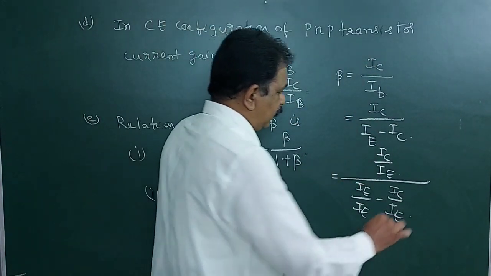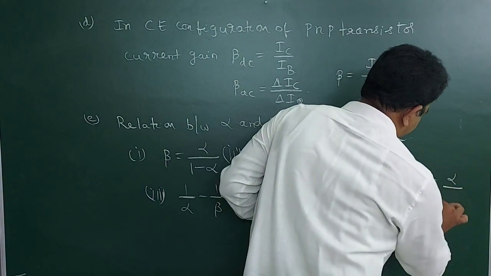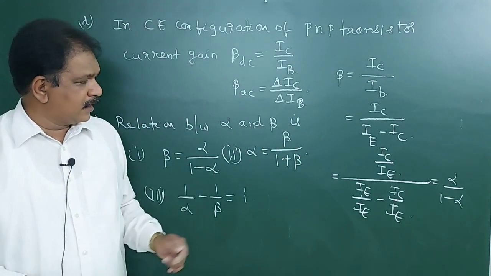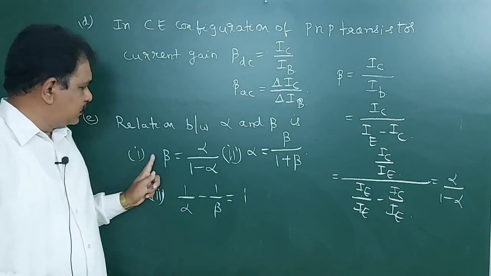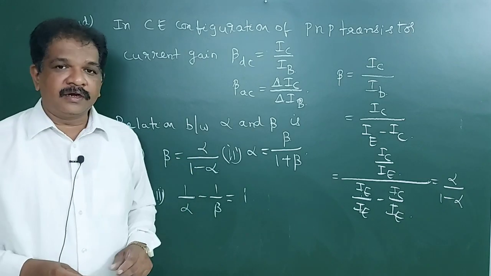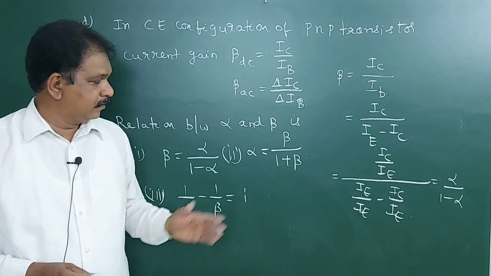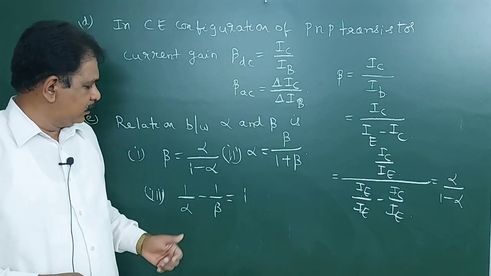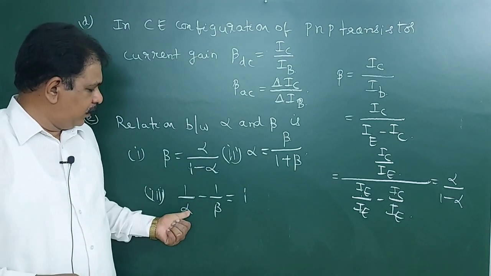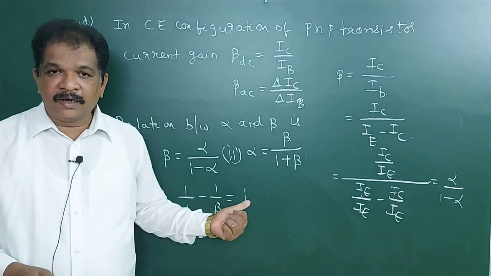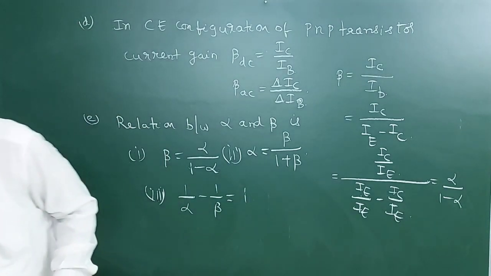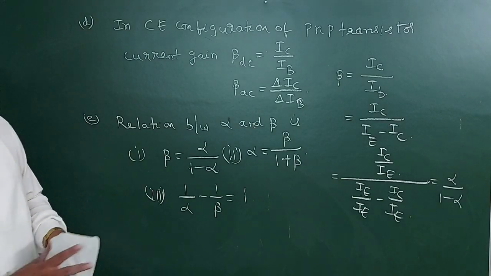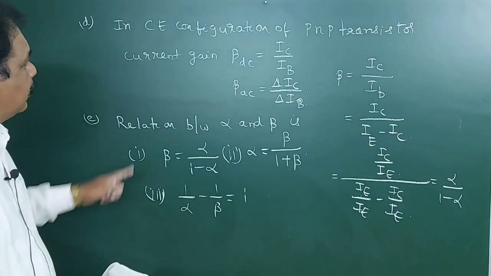The IC by IE value will be alpha. IE by IE will be 1. So beta is equal to alpha by 1 minus alpha we will get. Or by rearranging the terms we will get this one. And from this also we will get 1 by alpha minus 1 by beta is equal to 1. Okay. So these are the relations between alpha and beta.